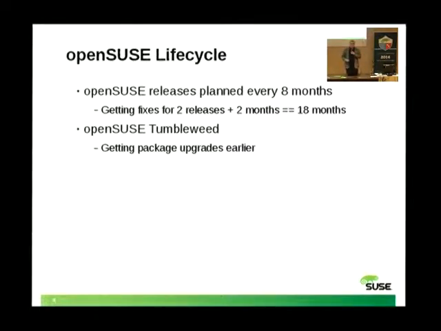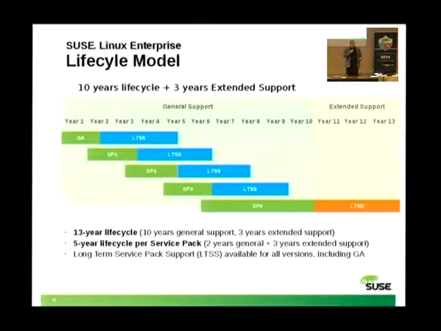The life cycle of each of those releases is 18 months, so 2 new releases plus 2 additional months. We have other projects or other parts of openSUSE that aim at different things. We have Tumbleweed, which is basically somewhere in between because it's getting stable package upgrades in between this life cycle of one openSUSE release. And after those 18 months, you don't get any maintenance anymore, you don't get any security fixes and so on. With SUSE Linux Enterprise, this looks a little bit different.